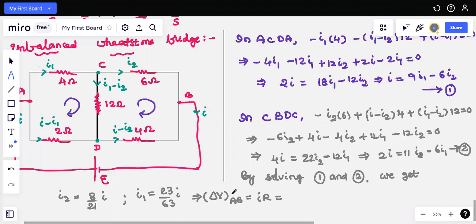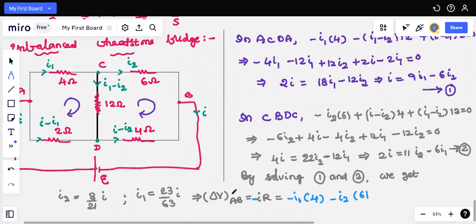In the direction of current flow, I have to put minus. So minus IR is equal to, in the direction of current flow A to B, minus I1 into 4. In the same direction, minus I2 into 6.